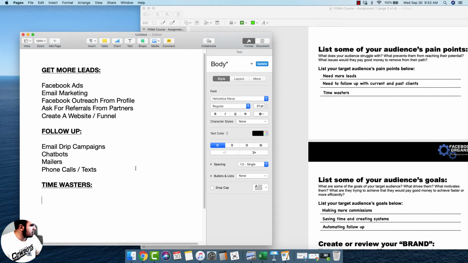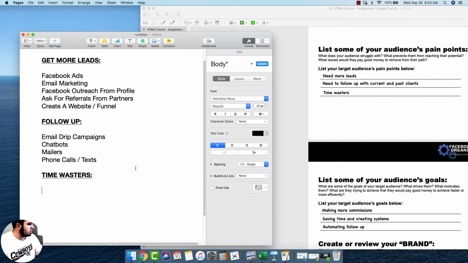For time wasters, some things we could do is we could create a screening process so that they're only working with those already pre-qualified to buy.